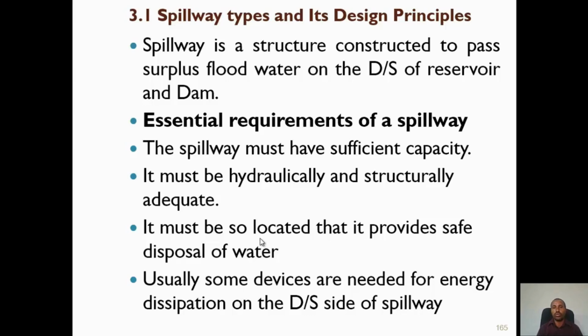Once you convey this excess flood through the spillway, then at the bottom of the spillway you need energy dissipation. The kinetic energy of the flow must be dissipated by providing a stilling basin, drop structure, etc., so that it can join the river safely without any erosion.